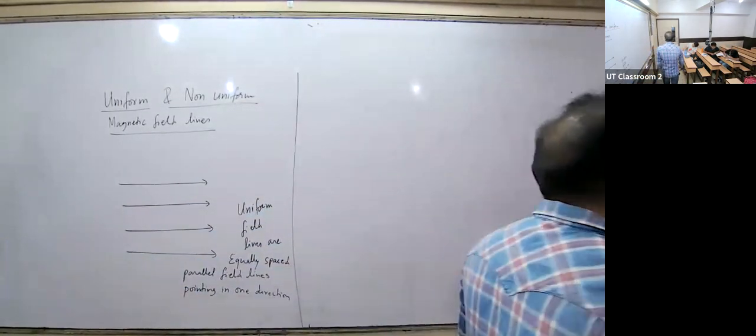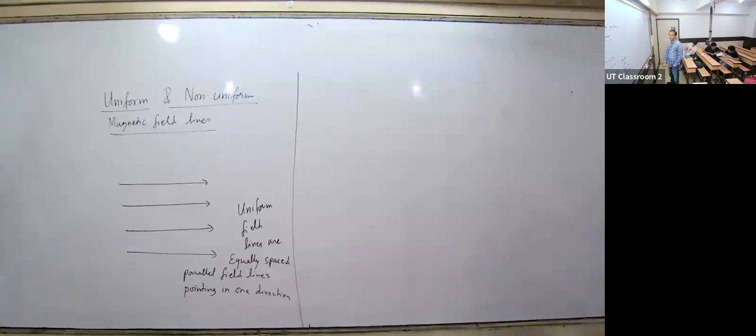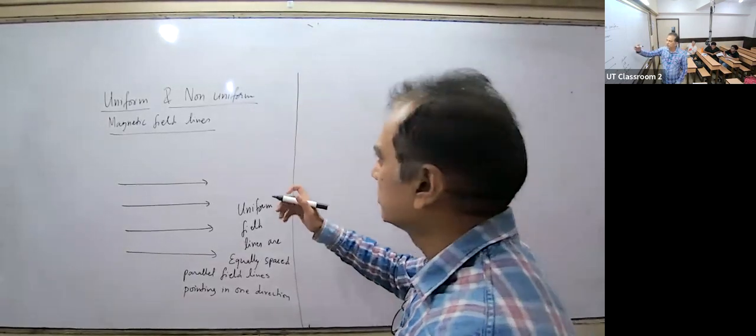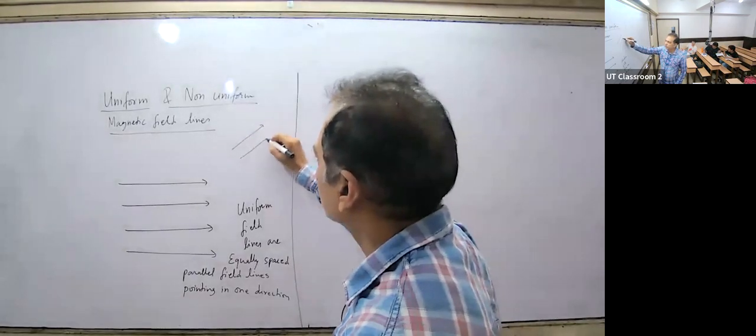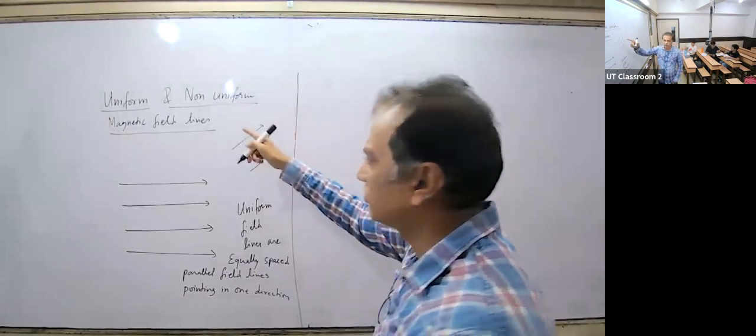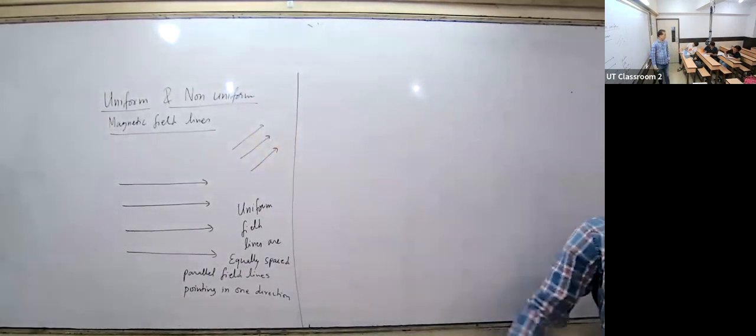So these are your uniform field. It could be any set of parallel lines, right? If these are the set of parallel lines, then these are also uniform field lines. Got it?